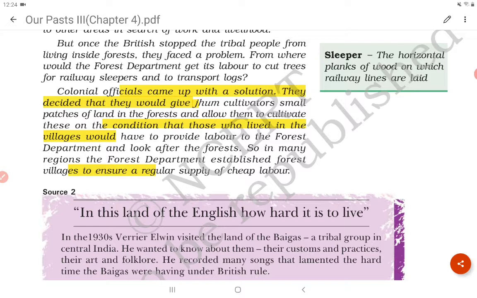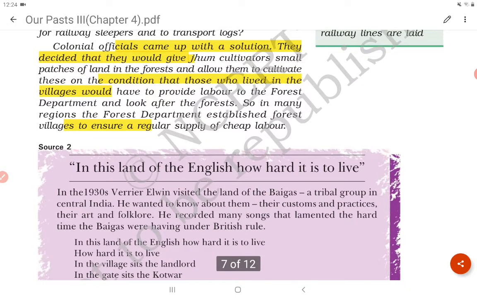They decided that they would give Jhum cultivators small patches of land in the forest and allow them to cultivate these on the condition that those who lived in the villages would have to provide labor to the forest department and look after the forest. So, in many regions, the forest department established forest villages to ensure a regular supply of cheap labor.